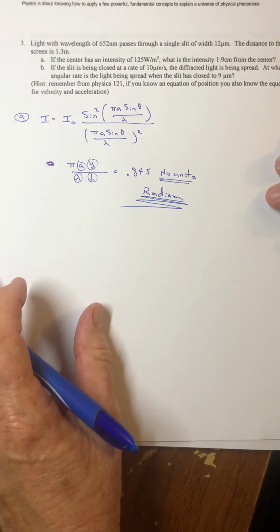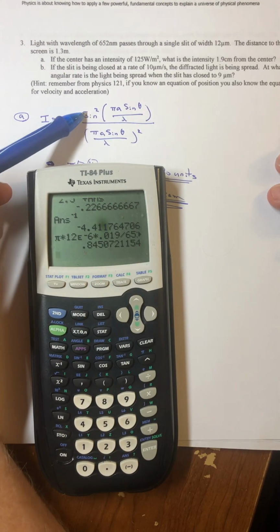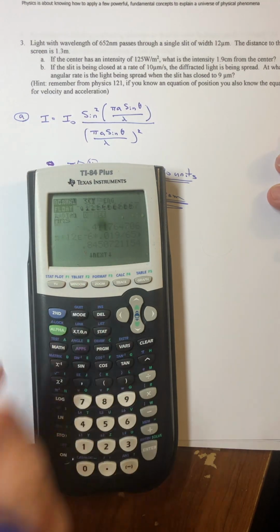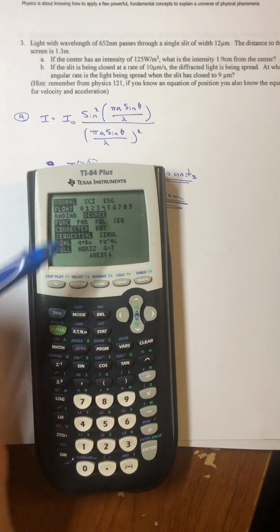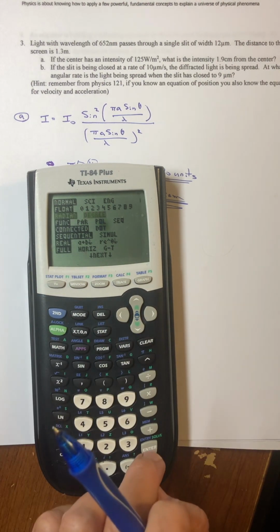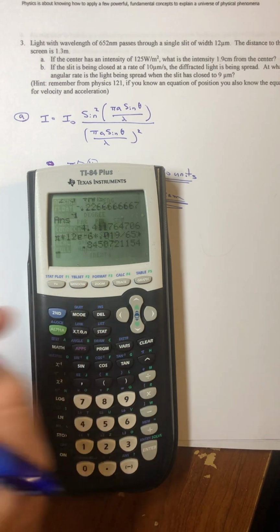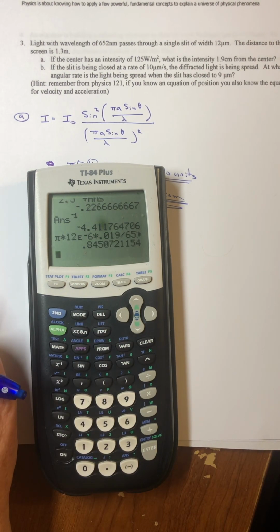So this must be in radians, because I want to do the sine of that and square it. And if you remember, way back in number 1, we switched the calculator into degrees mode. So now I better make sure I go back into radians.